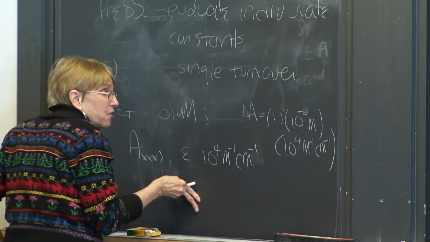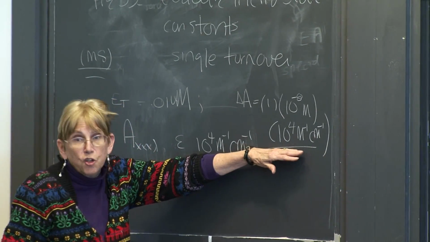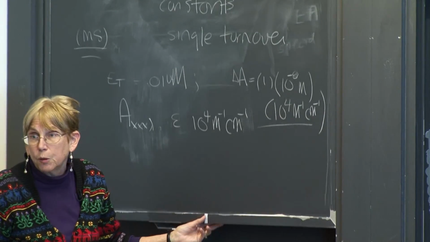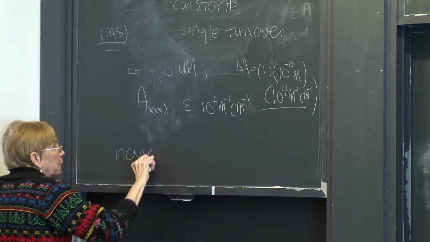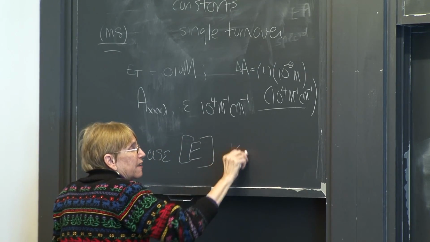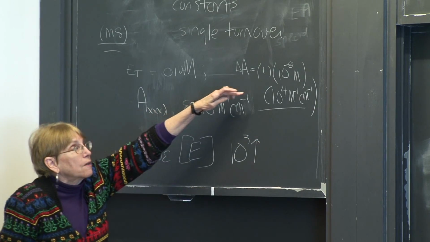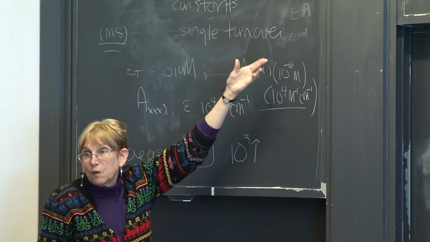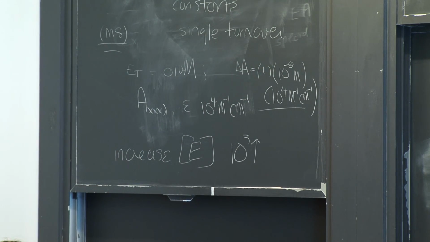When you can't see something, and obviously it depends on what this extinction coefficient is, but this is a pretty high extinction coefficient, what you do is you increase the concentration of enzyme. And if we increase it, say, 1,000-fold, then we're now at 10 to the minus 5. Now what is the change in absorption? The change in absorption is 0.1, which you can measure fairly easily in any kind of current instrumentation.